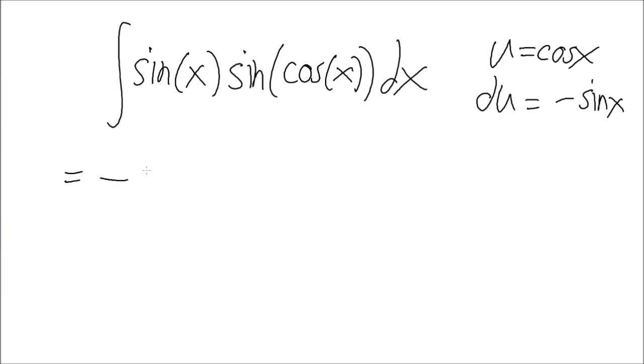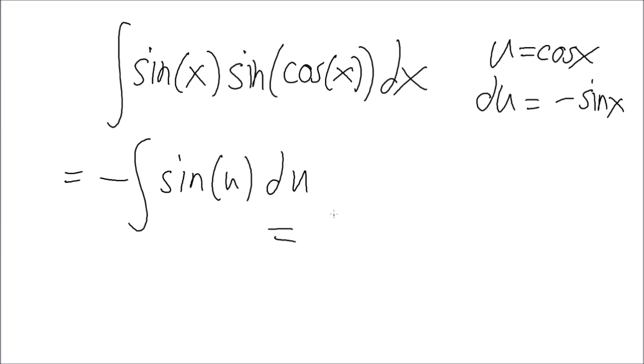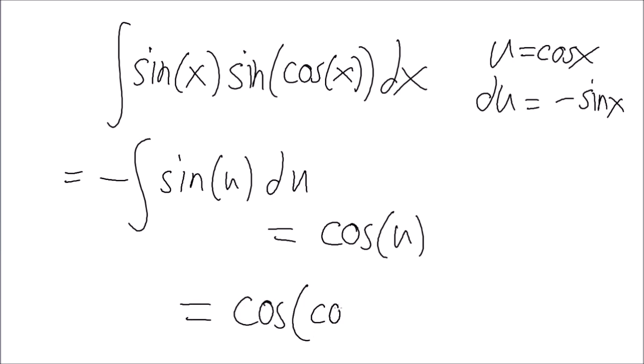So we have a negative integral of sine u. If we integrate this, the integral of sine of u is negative cosine. So the negative cancels out, and we get cosine of u. So our answer becomes cosine of x plus c.